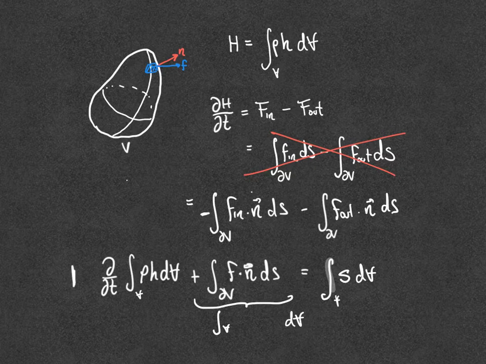Maybe two of you already answered behind your screens that we have to apply the divergence theorem, which means that we will have something like this. And this is what was missing to have all terms in terms of volumetric integrals.